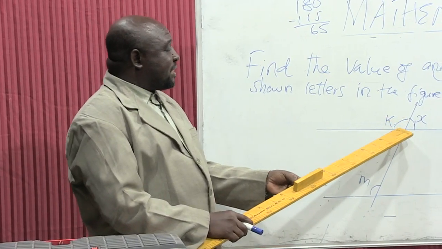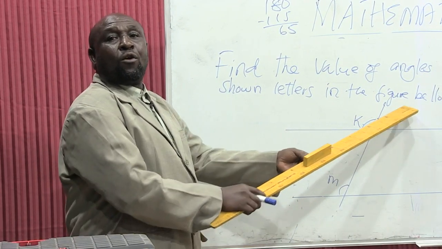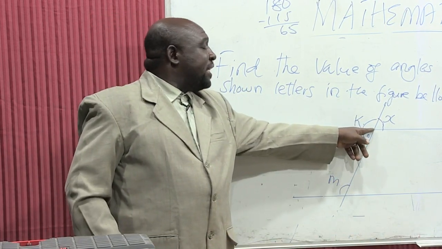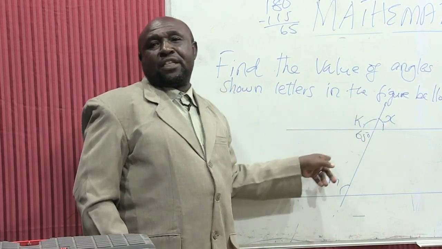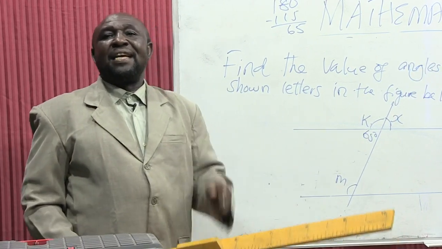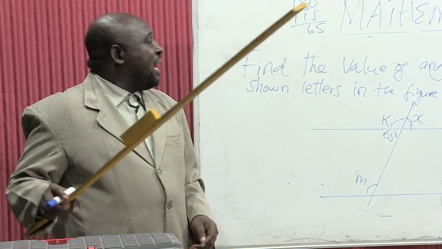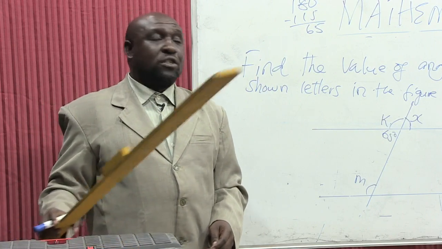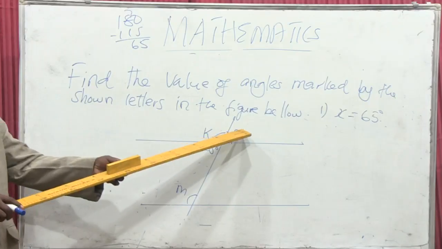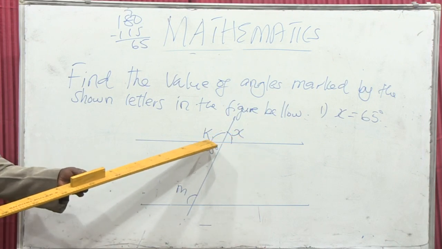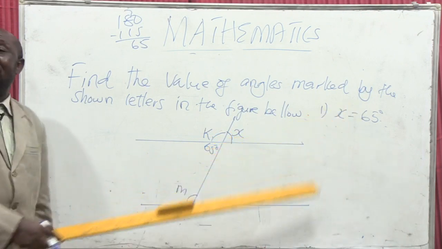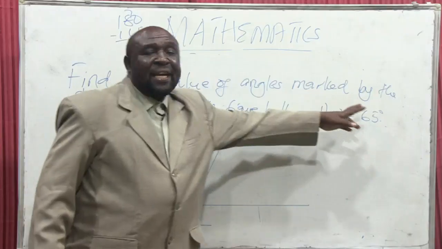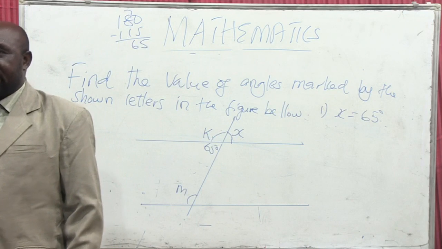Same point, opposite direction. They are equal because they are vertically opposite angles. So angle X and the 65 degrees are vertically opposite angles, then they are equal. So the value of X is 65 degrees.